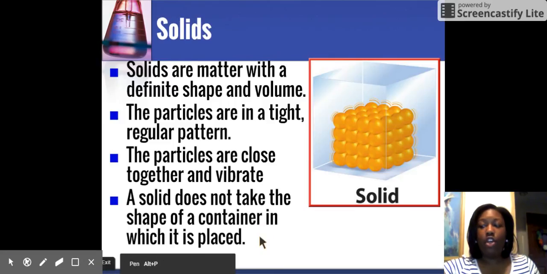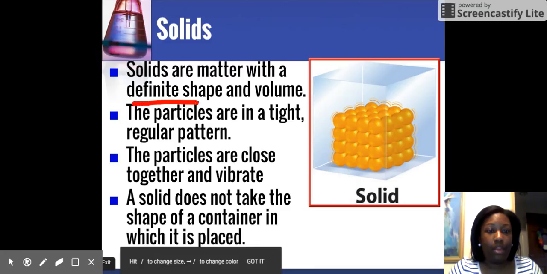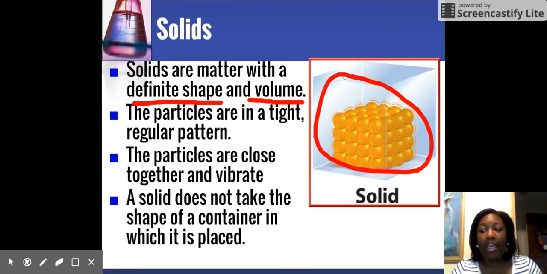So solids. The first type of matter is going to be solids. This is where you have to pay very close attention to the definition, okay? So solids are matter with a definite shape and a definite volume, as you can see right in this picture. It is definite, it's defined within its shape.